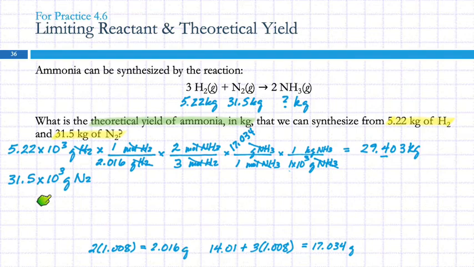We're going to do something extremely similar down here, right? Grams to moles to moles to grams, and the very end is going to be exactly the same. So here we're starting with grams of nitrogen. We're going to go to moles of nitrogen. Then we're going to go to moles of ammonia, to grams of ammonia, and finally to kilograms of ammonia.